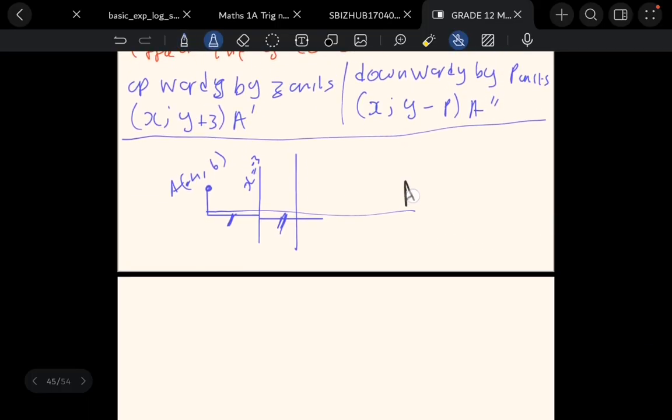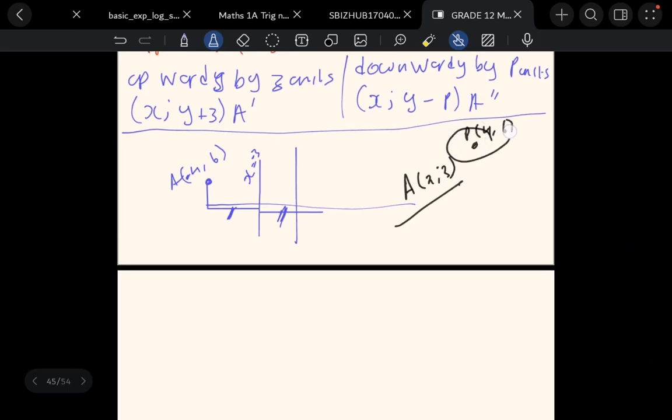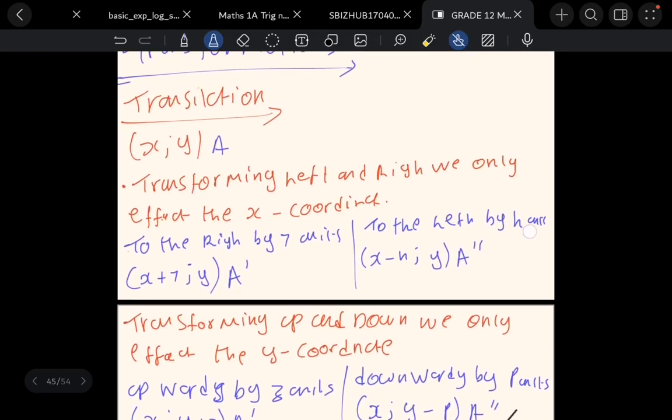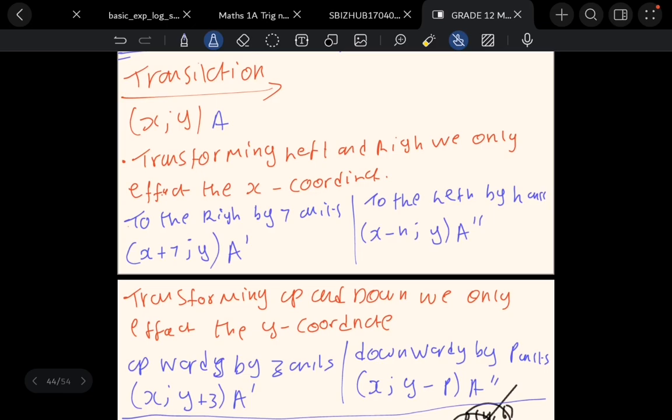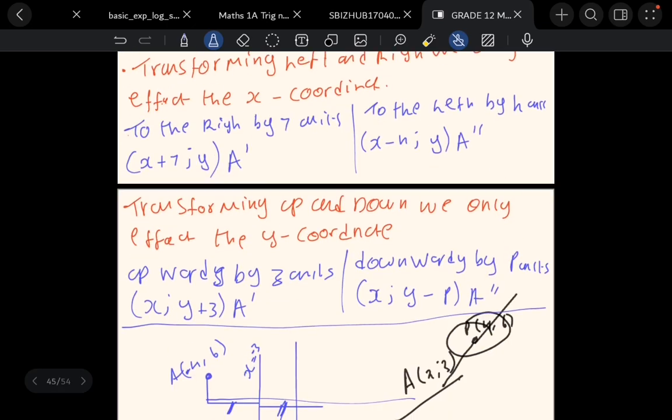Let's say you have point A, which is 2, 3. And then I just say this is a point P, which is 4, 6. Reflect A about this point, which means I calculate the distance from this to there, and then from there to there, done. It's all about translation. All of these play around the translation.